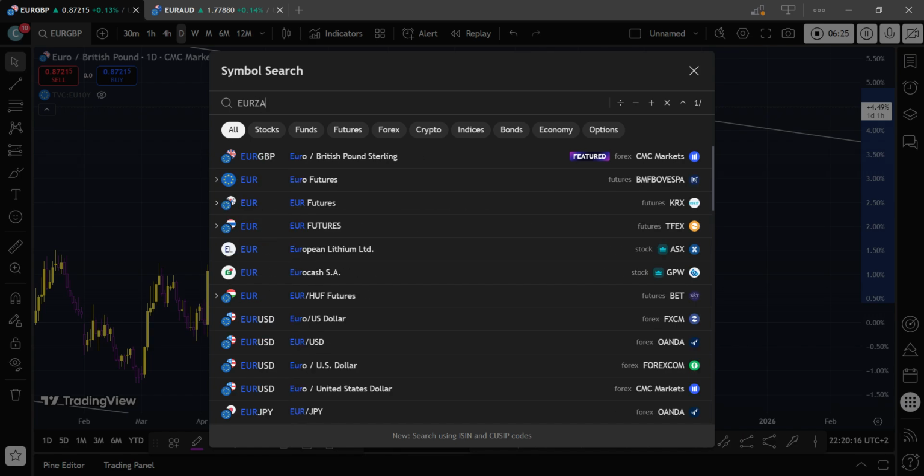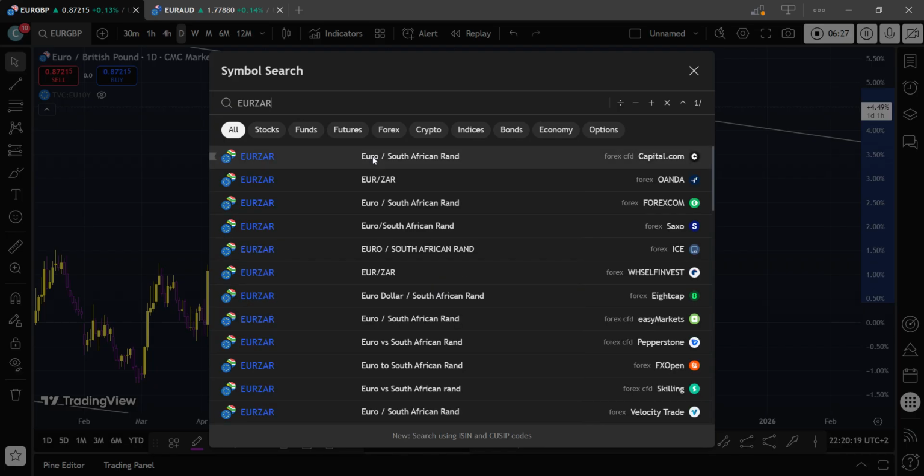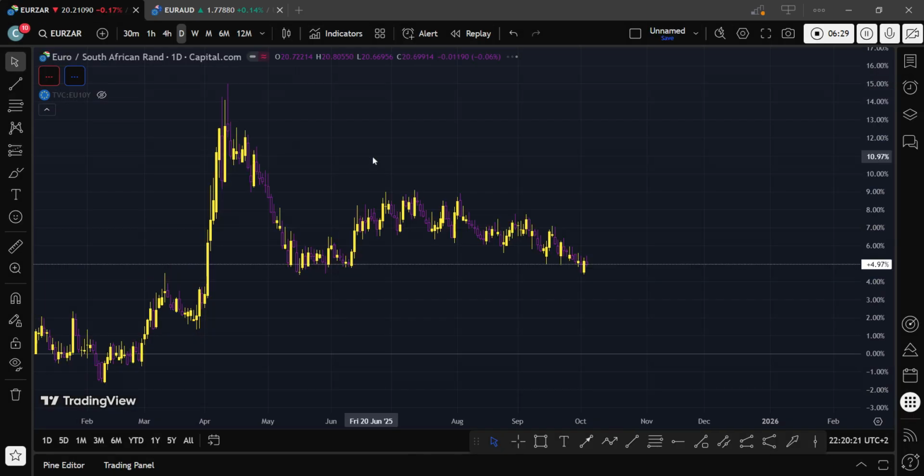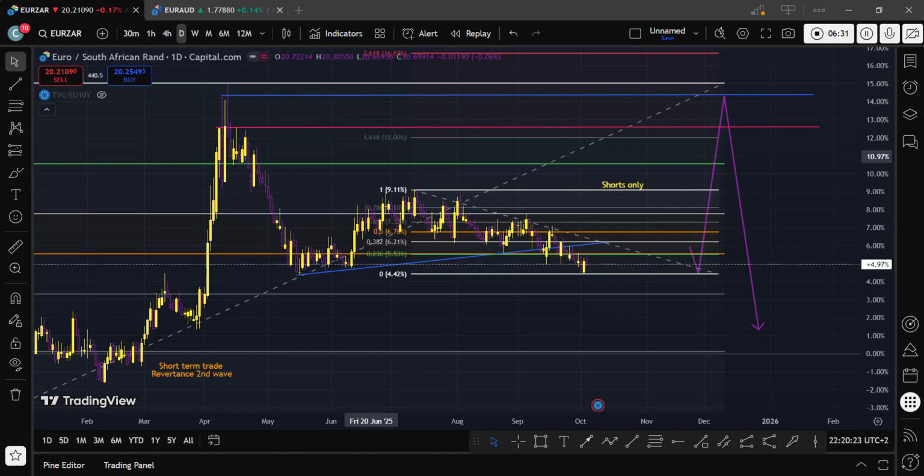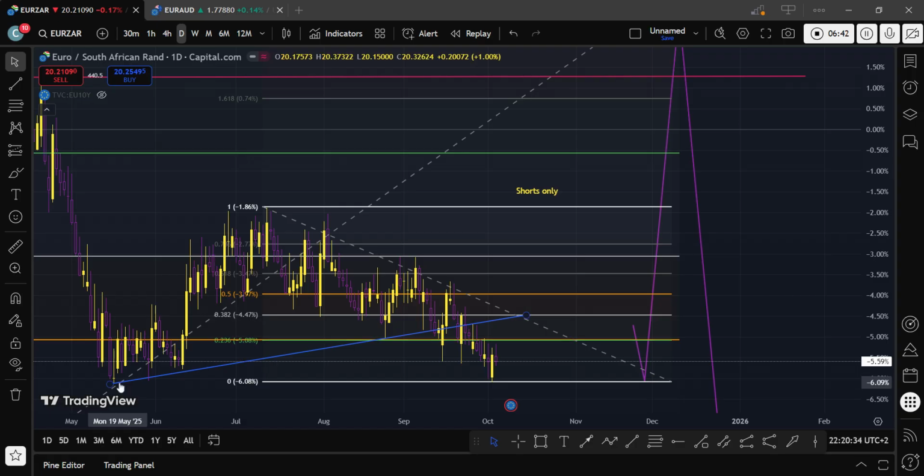So another currency is the Euro ZAR. In this Euro ZAR, we've been having this economic projection for a long time. The Euro South African Rand. So what is happening here is that we have a first touch, a second touch here, and the manipulation.